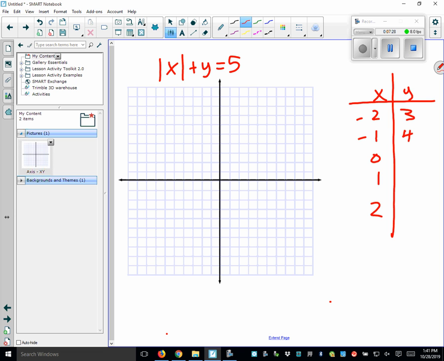Goals. 0, 5, 1, 4, 2, 3. So when I plot these points, (-2, 3), (-1, 4), (0, 5)... it's a V shape. Wow. Right? Is that an easy problem? Yes. Good. Let's see how much you can remember now.